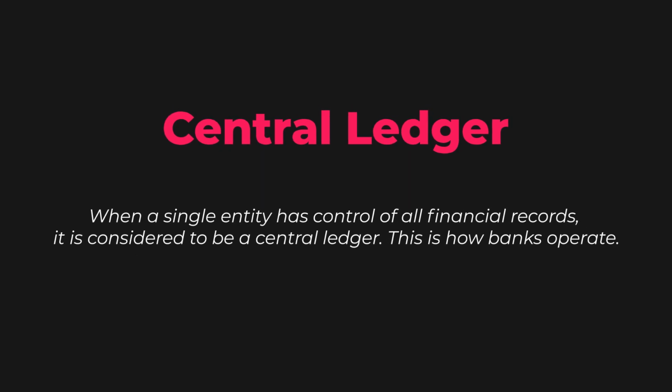Central ledger, this is an important one, is when a single entity has control of all financial records. It is considered to be a central ledger. This is how banks operate, completely opposed, of course, to how cryptocurrency operates, which is where everybody can have a copy of the ledger and they validate against each other via a process known as consensus, which we will be talking about in today's video.